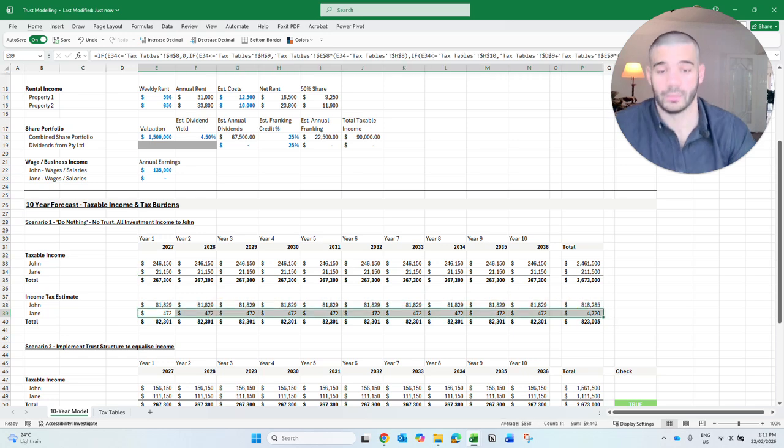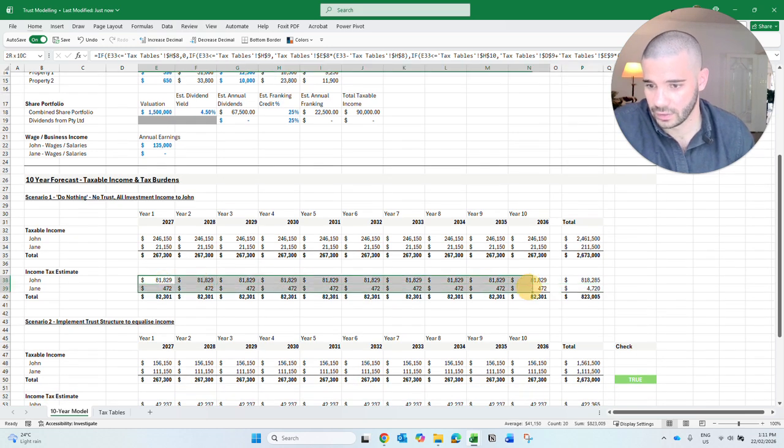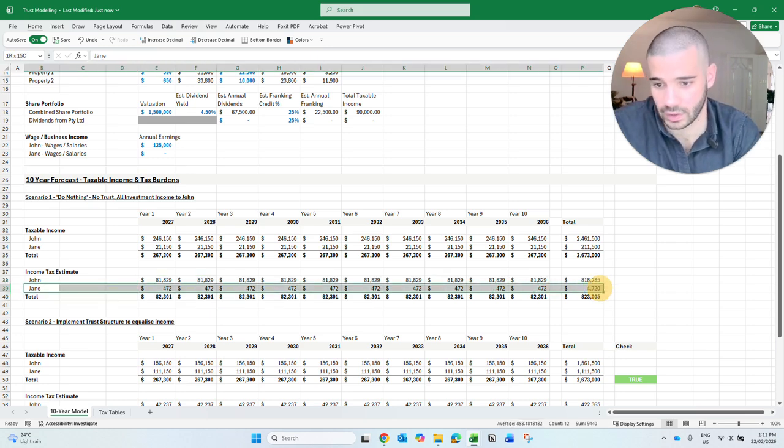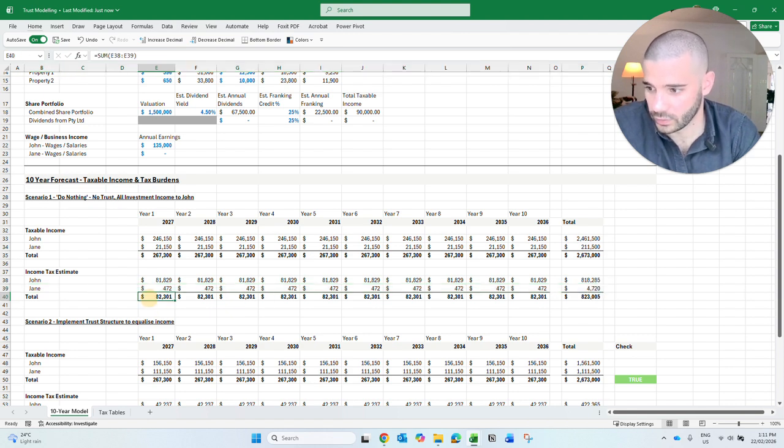But I will just note this model doesn't account for things like the low income tax offset or Medicare levy surcharge or Division 293 tax, for example. Won't go into that right now, but these figures are very accurate except for a few offsets that you would get when your income's very low. So in this case, Jane would actually have zero tax, but let's go with the model. Total tax is about $82,000.